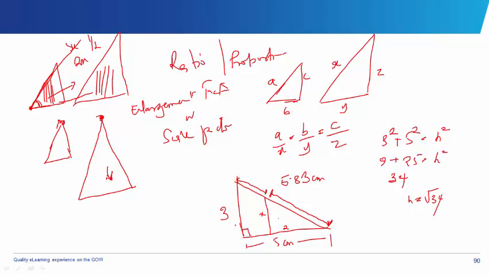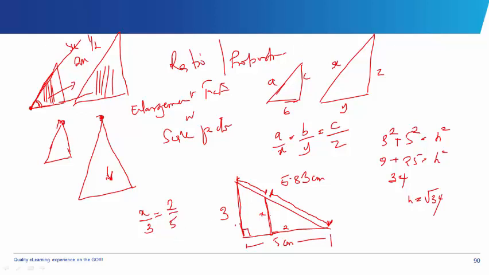Okay, now how can we find this other side? To calculate this other side, imagine this is a smaller triangle, but it has been scaled up to this point. So for this, we can say that x over 3, which is the scaling factor, should be equal to the corresponding side, which for the smaller triangle is 2, and for the larger triangle is 5.